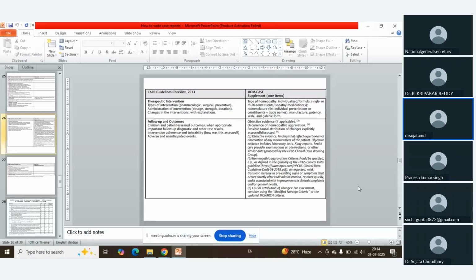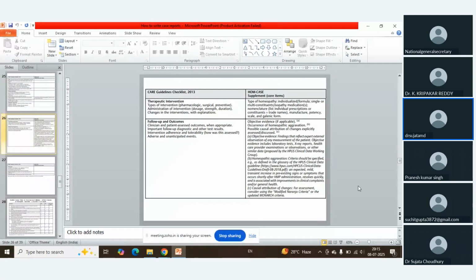All these things, the process of medication, will be supplemented according to homeopathic principle or practice, including potency and method or route of administration. Next, in follow-up also, the aggravation: homeopathic aggravation, disease aggravation, or medicinal aggravation. We have to differentiate all these aggravations. So in follow-up, this portion is very important for assessment of the case.